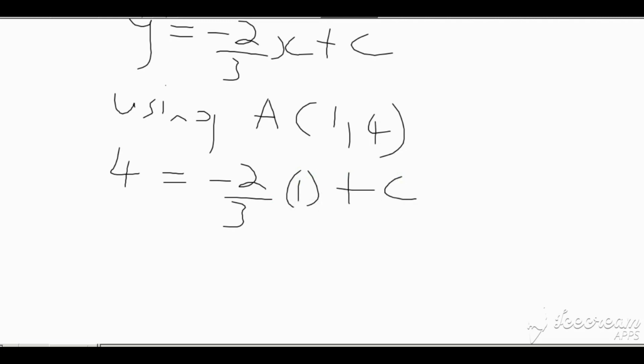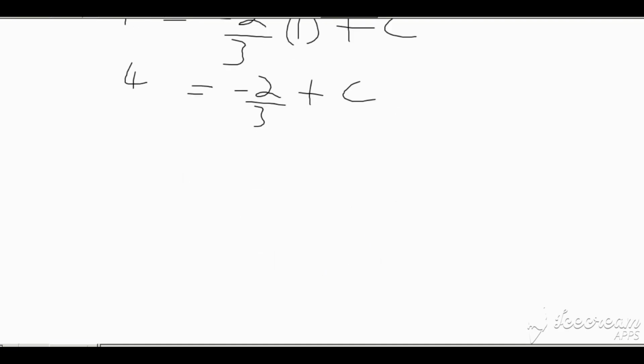Good. Now when I multiply negative 2/3 by 1, I'm going to end up with 4 equals negative 2/3 plus c. Now to get rid of this negative 2/3, you know that we add 2/3 to both sides. But I'm just going to show it on the left hand side. So I'm going to have 4 plus 2/3 is equal to c. Therefore c would be equal to 14 over 3.